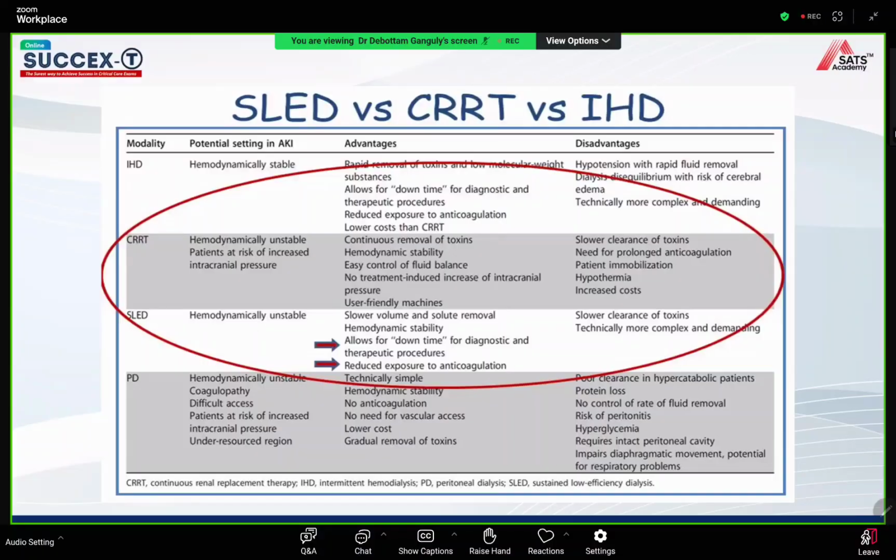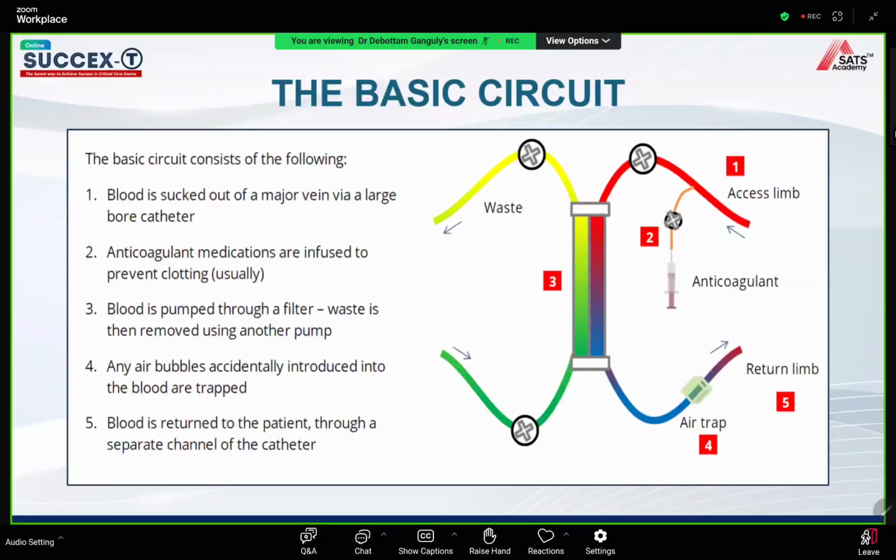There is a high risk of hypothermia, and the cost is very expensive. That is another disadvantage of CRRT. Whereas SLED is in between the two, as I discussed earlier. There is slower clearance of toxins, it is technically a little complex, and it is low efficiency dialysis.